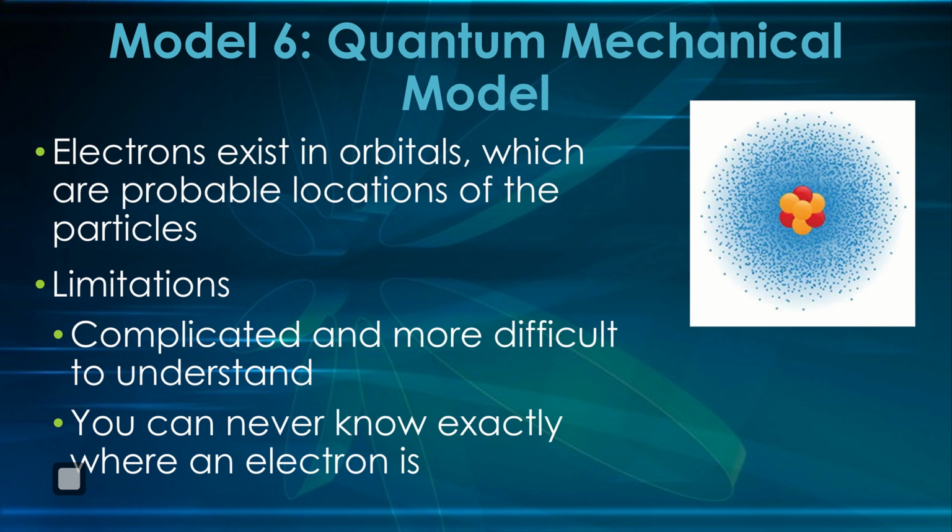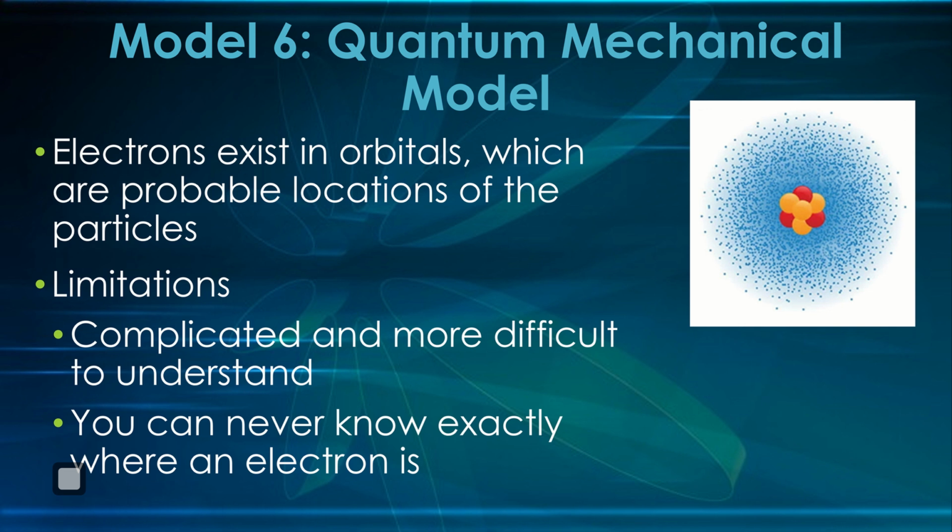And as I said, you can never exactly know where an electron specifically is. That gets into something called the Heisenberg uncertainty principle, where we can never know an object's exact location and motion at the exact same time. The basic idea of that is, obviously, if it's moving, it's constantly changing position, so how do you know where it is? So that's where we lead to probabilities of where objects are and where these electrons are.